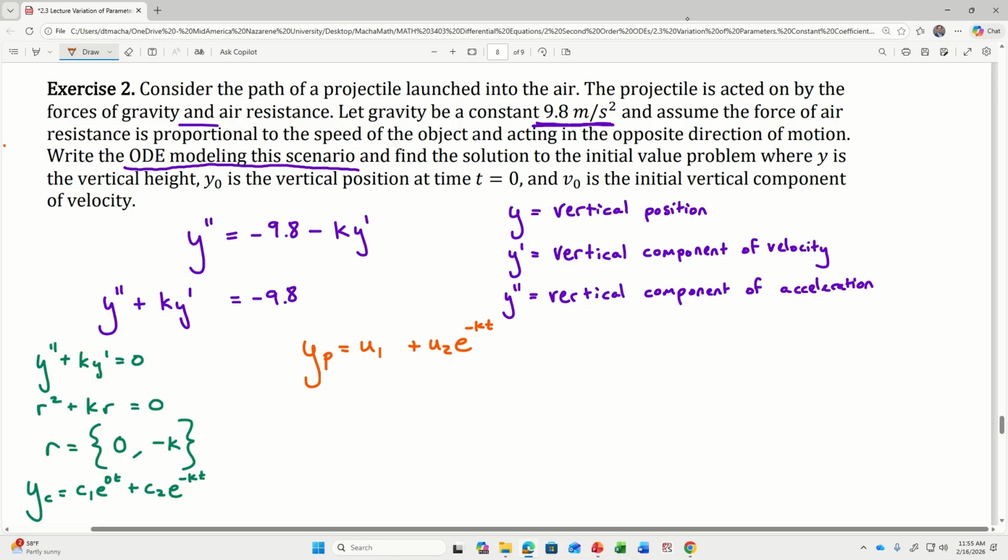And the way we find u1 and u2 is we set up a system of equations that looks like u1 prime y1 plus u2 prime y2 equals 0. And u1 prime y1 prime plus u2 prime y2 prime equals g of t divided by a. Well, g of t is just negative 9.8 and a is 1, so g of t divided by a is negative 9.8.